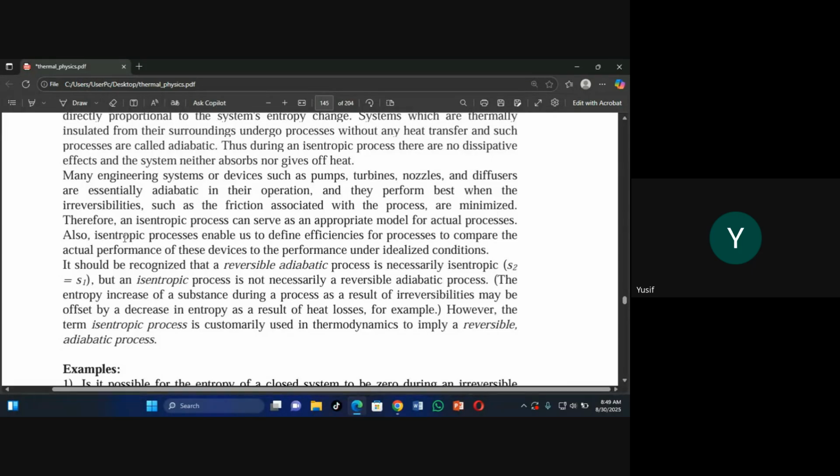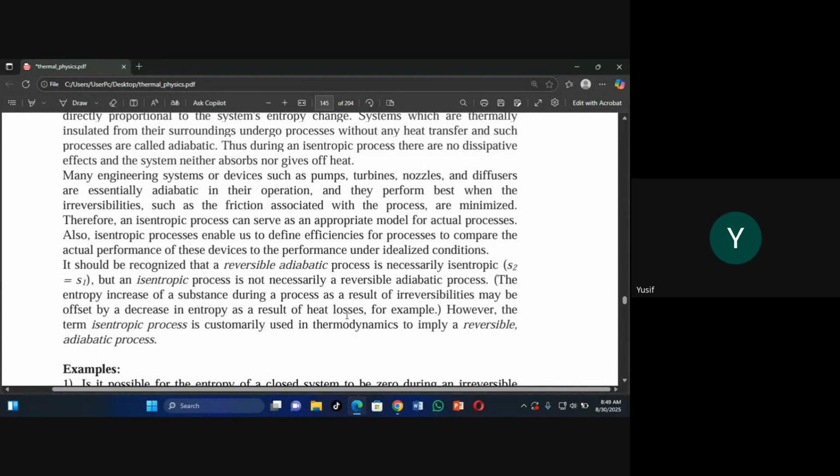It should be recognized that a reversible adiabatic process is necessarily isentropic. That means the change in state is always constant. But an isentropic process is not necessarily a reversible adiabatic process. The entropy increase of a substance during a process as a result of irreversibilities may be offset by a decrease in entropy as a result of heat losses, for example.